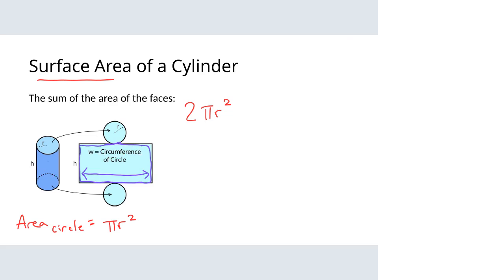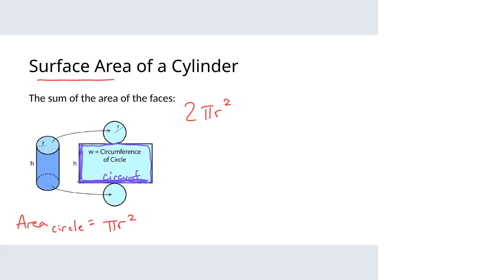So as far as this rectangle is concerned, the circumference is one direction and the height is another direction. So the area of that rectangle is going to be circumference times height. Sounds a little weird, but that's what we're dealing with here.